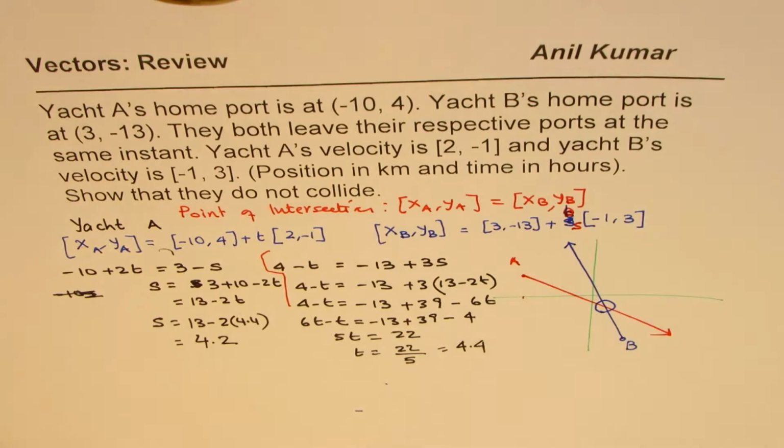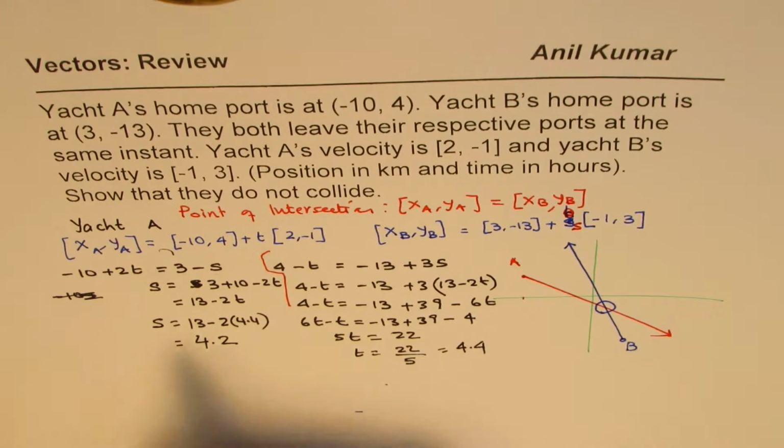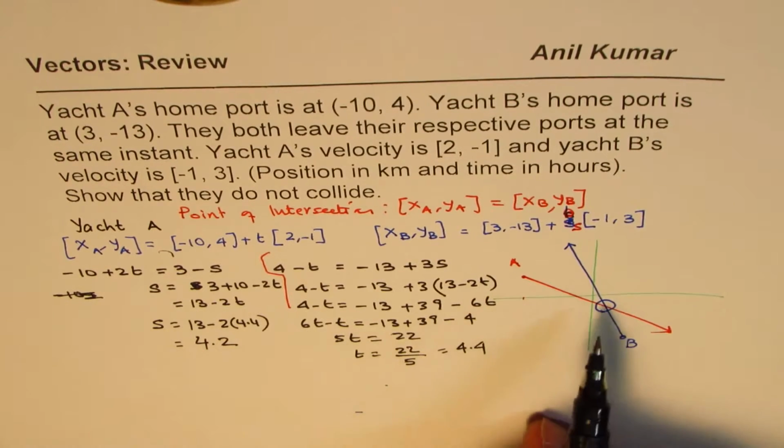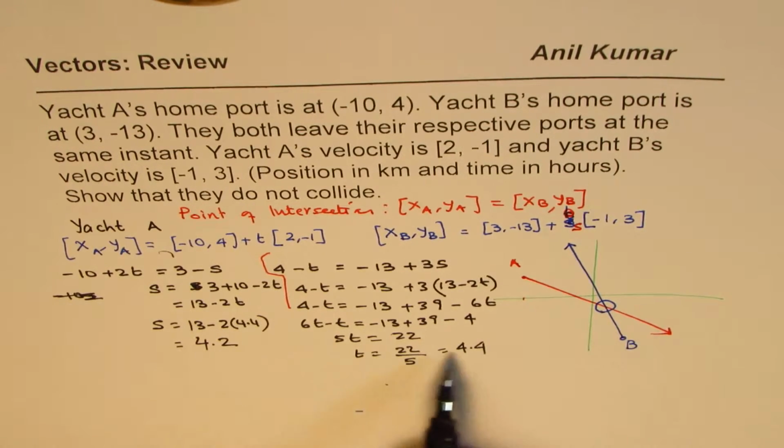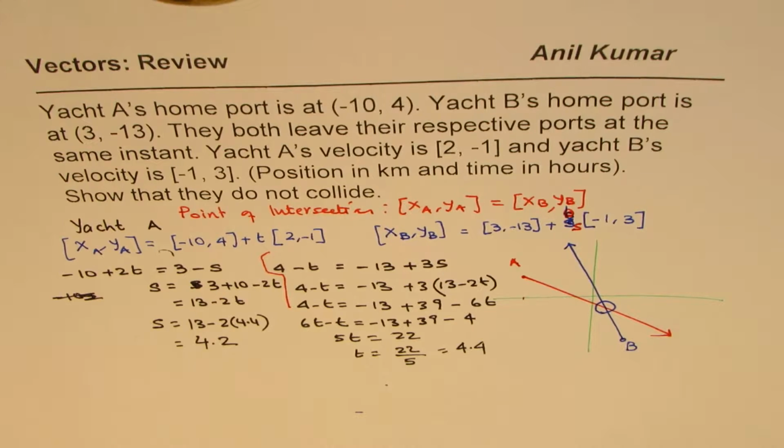So S is 4.2, correct? What we see here is that they do reach the same point, but their timings are different. Since their timings are different, they don't collide.